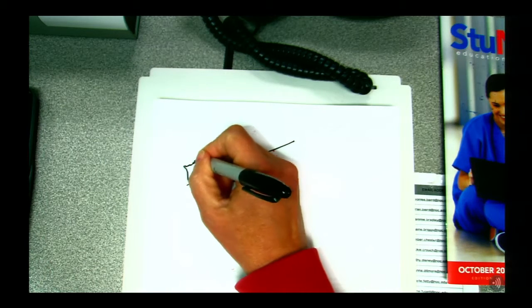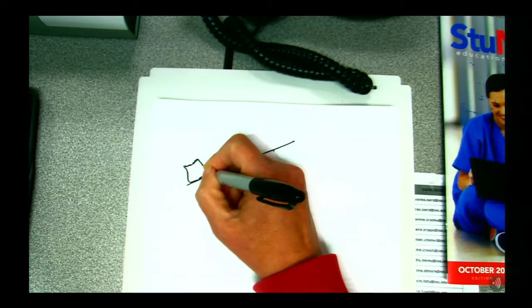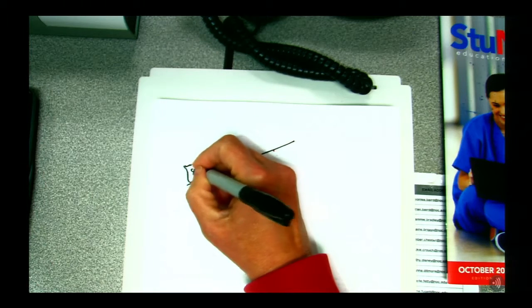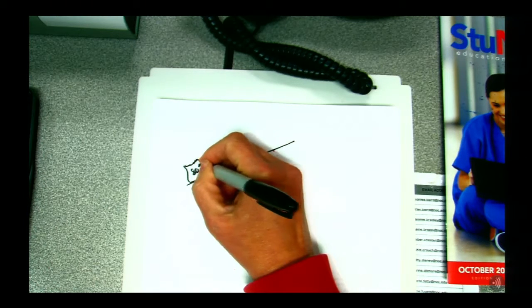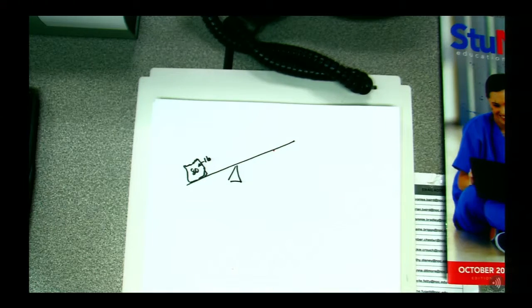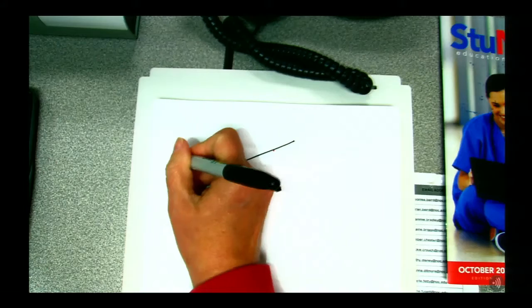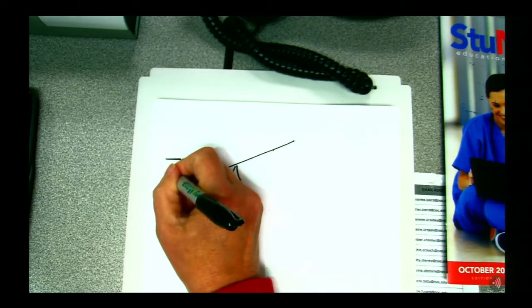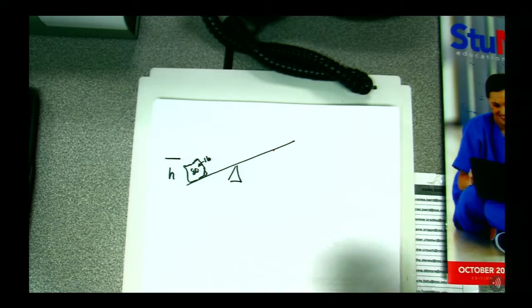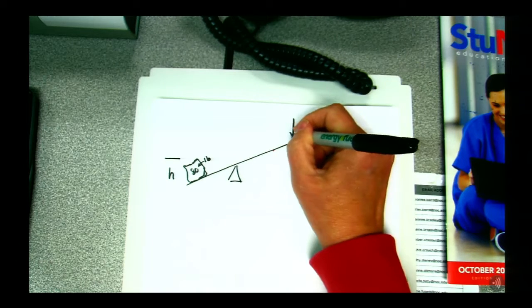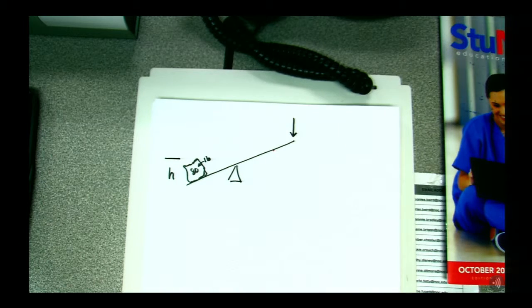Let's just make it a feed sack, and it's going to have 80 pounds. Some feed sacks are 40 pounds, some are bigger. We're going to want to lift it up to a height H, and I'm going to apply a force on my lever to go to that height H.